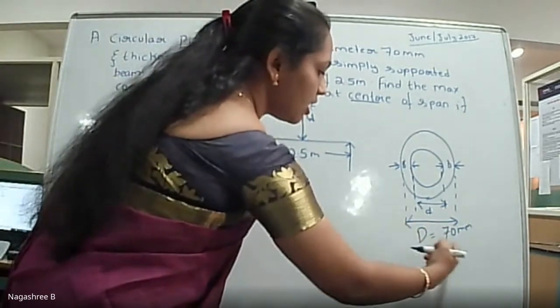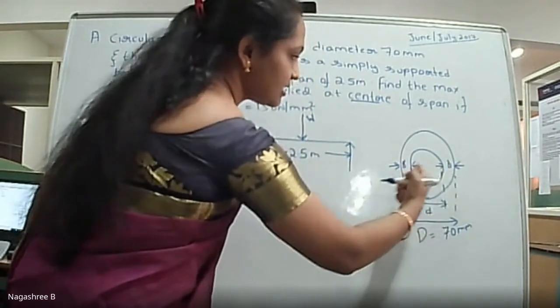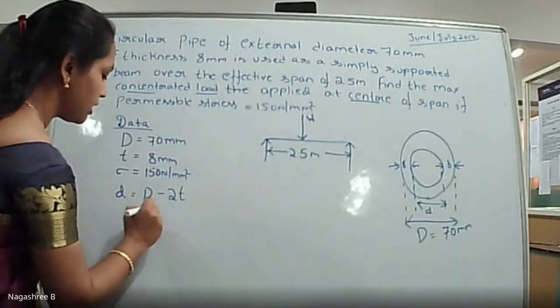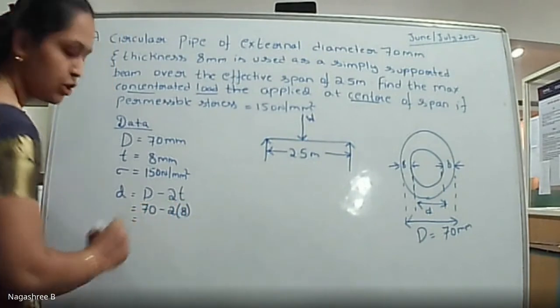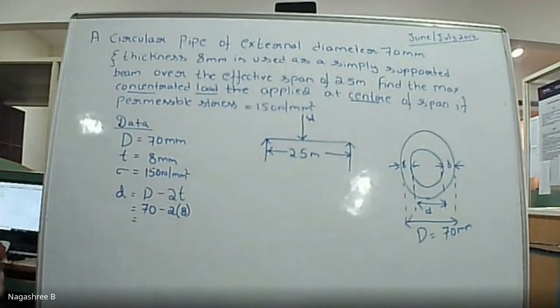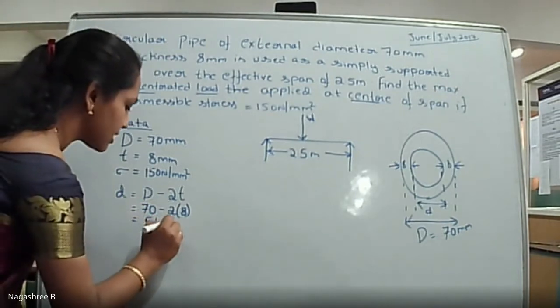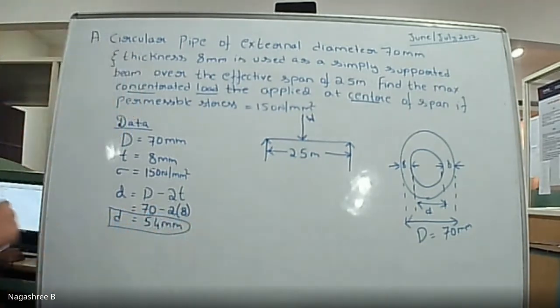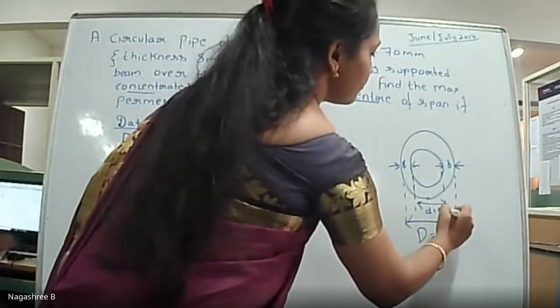Because it is on both sides of the overall capital D. So 70, the external diameter, minus 2 times 8, where 8 is the thickness. 70 minus 16 gives 54 mm. So small d is equal to 54 mm, the internal diameter.